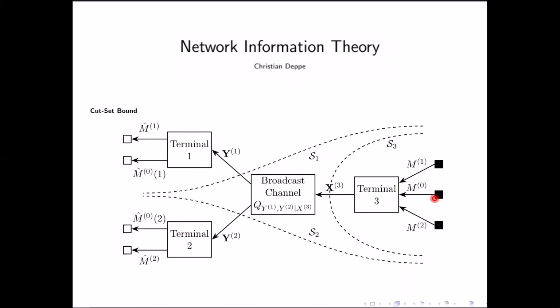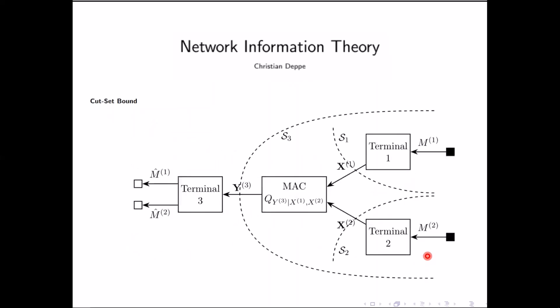And if we have R0 also, then we get this estimate for R0 additionally. The same is true for the MAC. The MAC you can also see as a discrete memoryless network. So you have terminal 1, terminal 2, and terminal 3, and now you see the different goals. Terminal 1 and terminal 2 receive a message from a source and send a sequence, and terminal 3 wants to get an estimate.